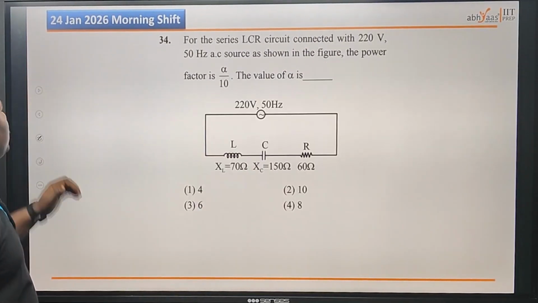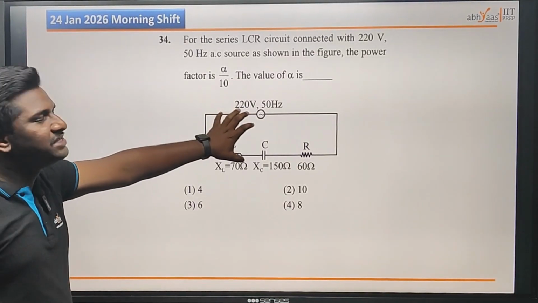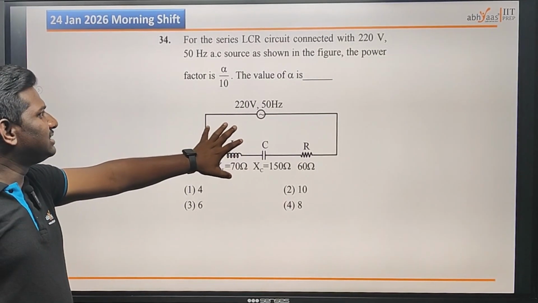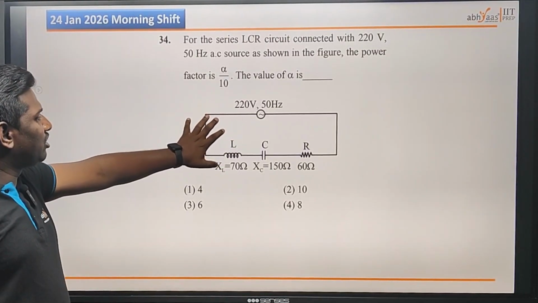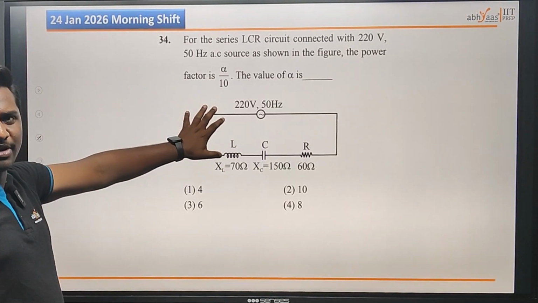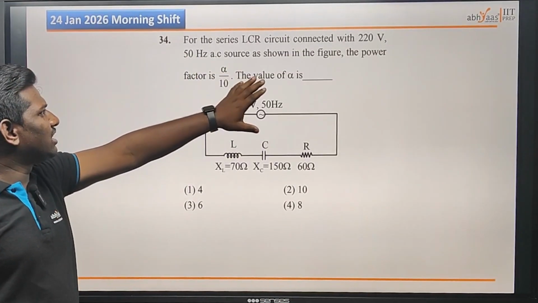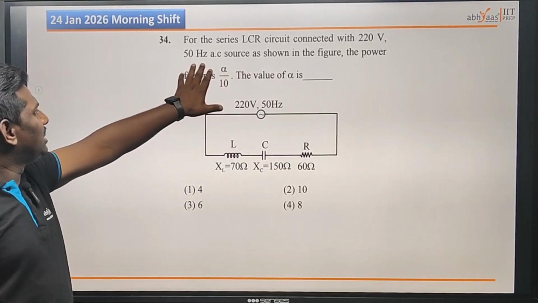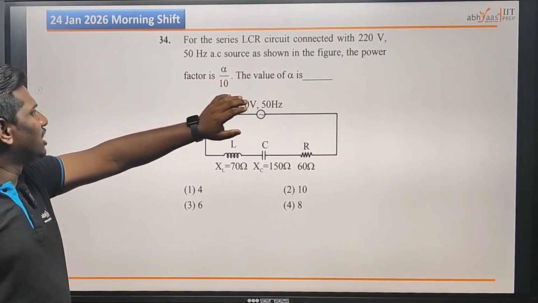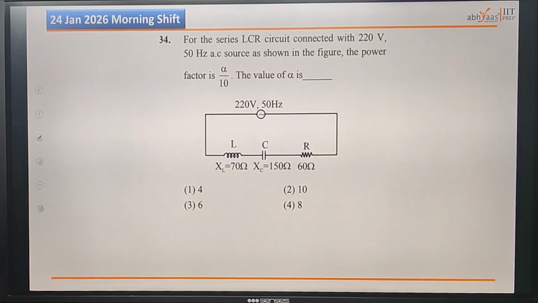So next question, see here, question number 34. What they are asking? They have given an LCR circuit. Very easy question, but you have to remember one beautiful formula, single formula only. So for the series LCR circuit connected with a 220 volts, 50 Hz AC source as shown in the figure, the power factor is alpha by 10, then what is the value of alpha?